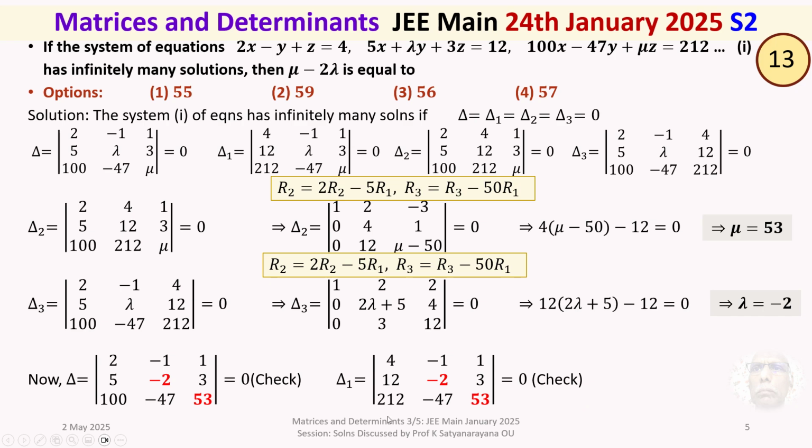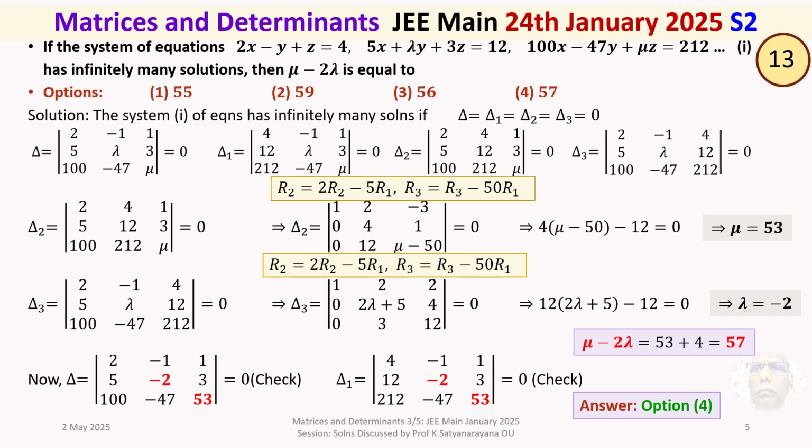Please check. These two things I am leaving to you. It's only for your satisfaction. Now, having got the values of mu and lambda, I want mu minus 2 lambda, and that will be 57. Where is my 57? Option 4. The answer to this question is option 4.